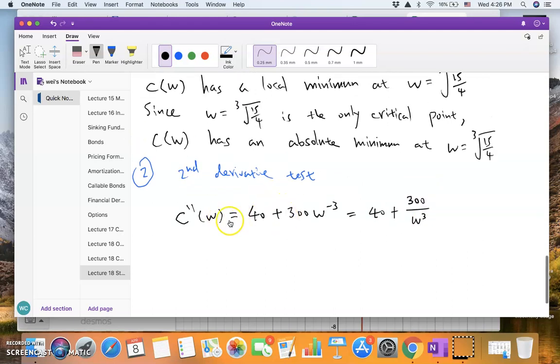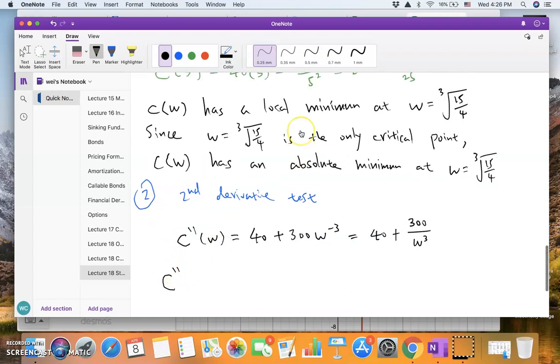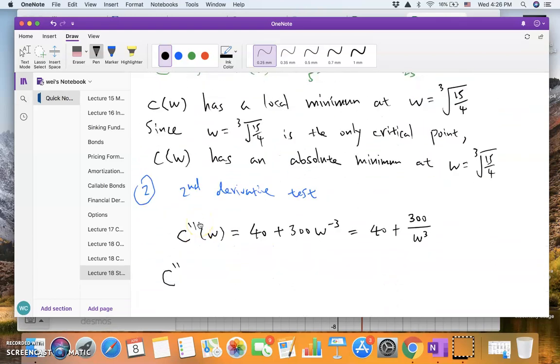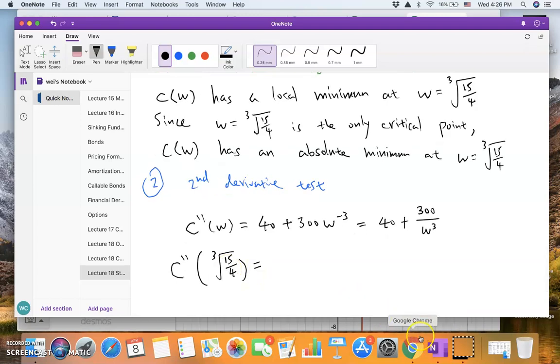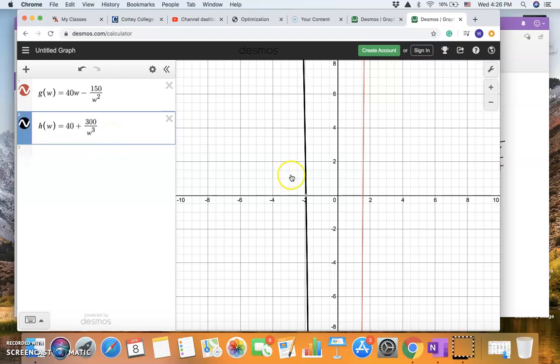After we found this second derivative, next we plug the critical point into the second derivative, and we evaluate the second derivative at this critical point. So it's 40 plus 300 over w cubed, right?